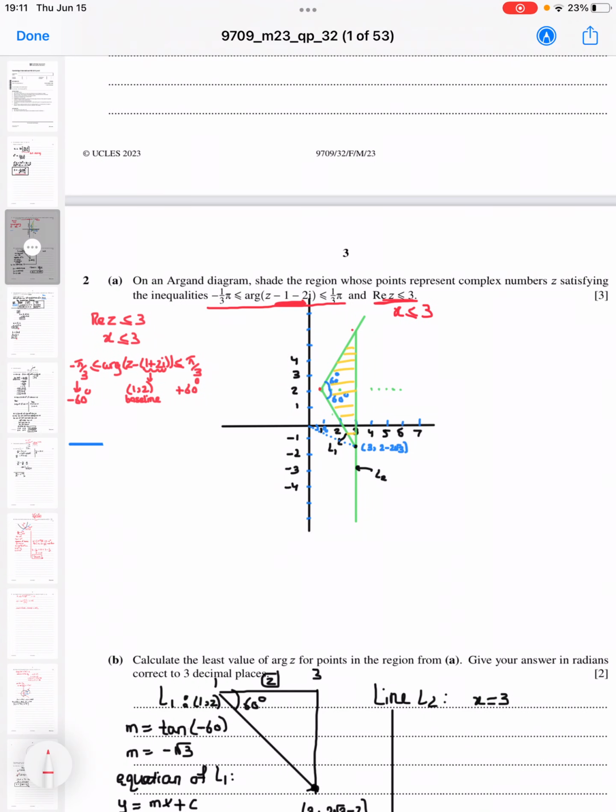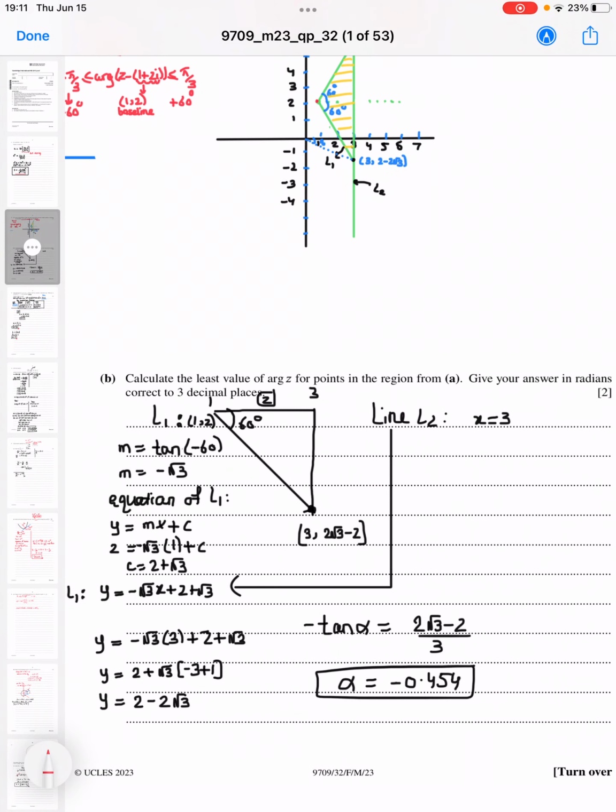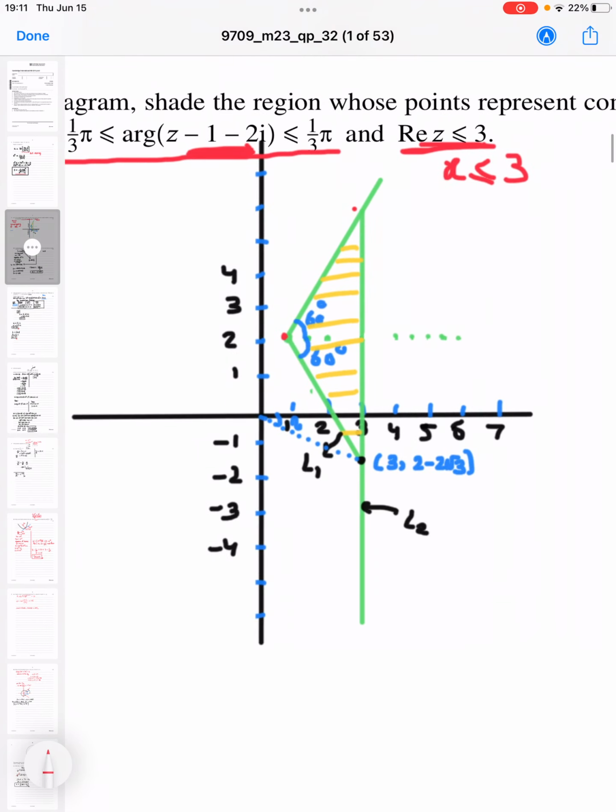So part B says calculate the least value of the argument of z for the points in the region in part A, giving the answer correct to 3 decimal places. So we need to find the least argument of z. The least argument of z could be found by finding the point of intersection of this.